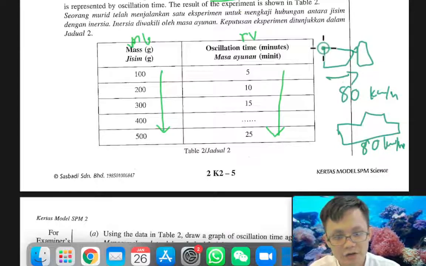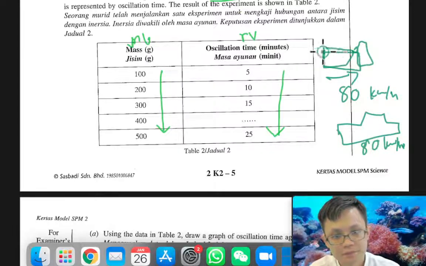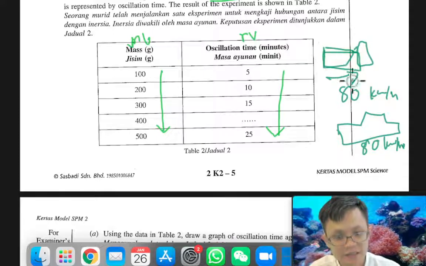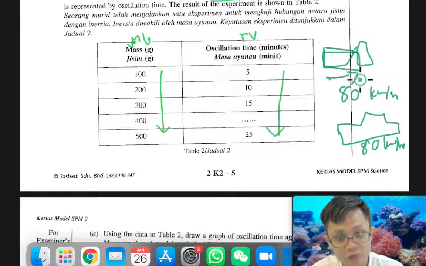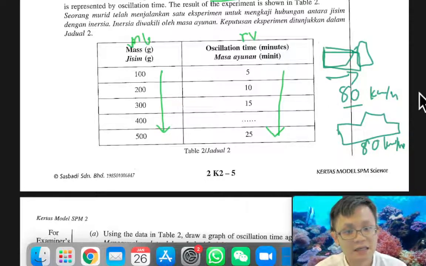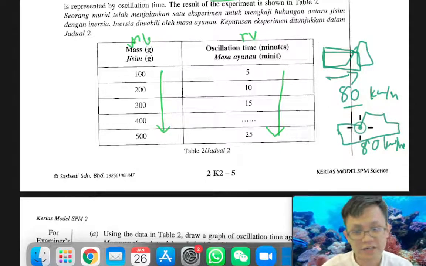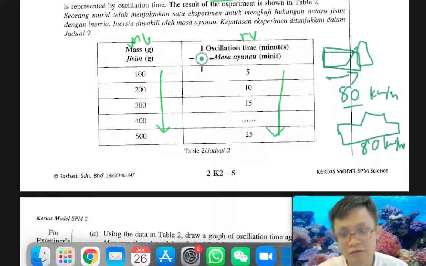The lorry. Why? Because the mass is bigger. It has a bigger inertia, so it continues to have its motion of 80 kilometers per hour, or it continues to have its rest.